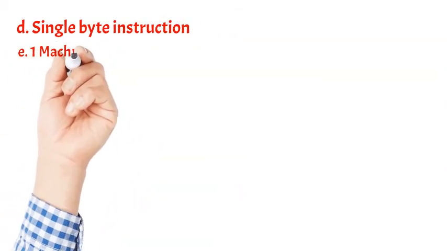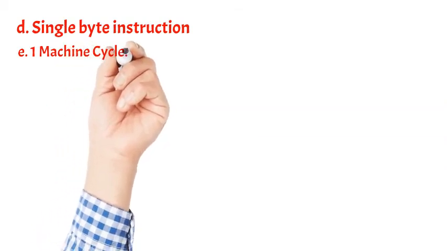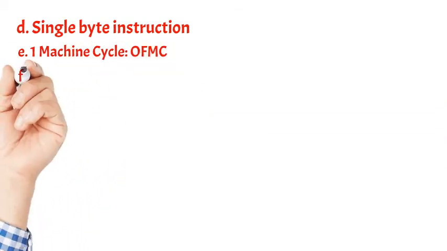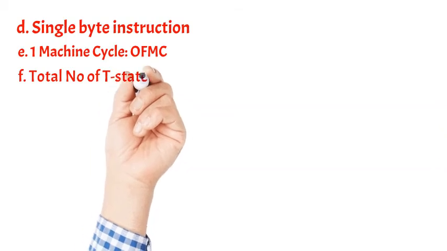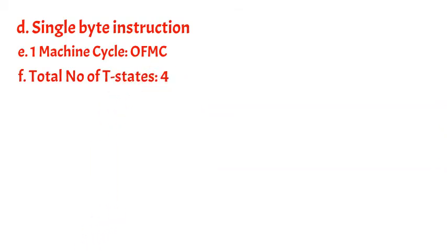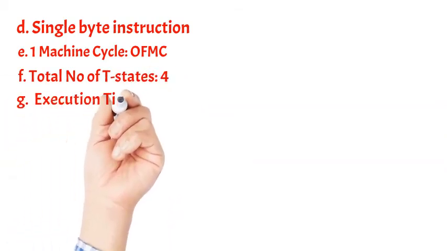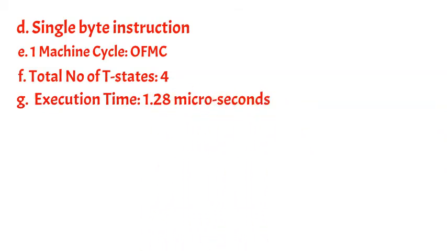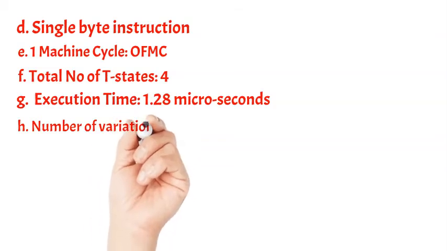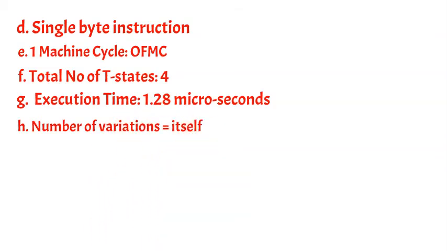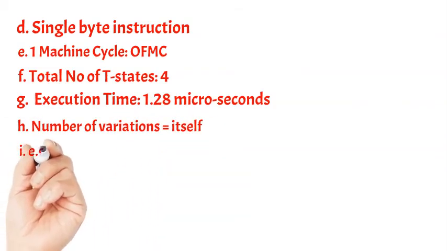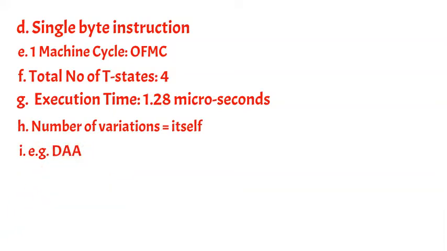Single byte instruction, one machine cycle, that is only the opcode fetch machine cycle. And in this case, the opcode fetch machine cycle is the usual one, consisting of 4 T states. Therefore, the execution time will be 1.28 microseconds. There are no variations, it exists only as DAA.